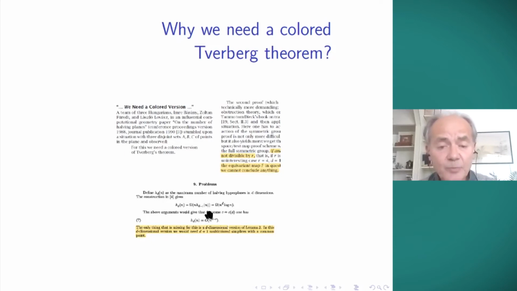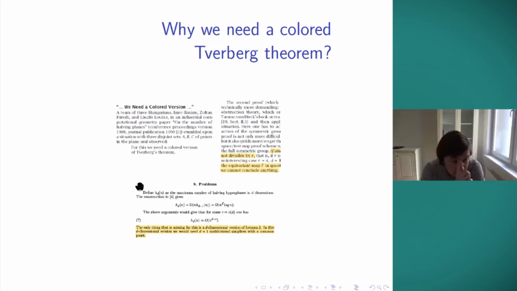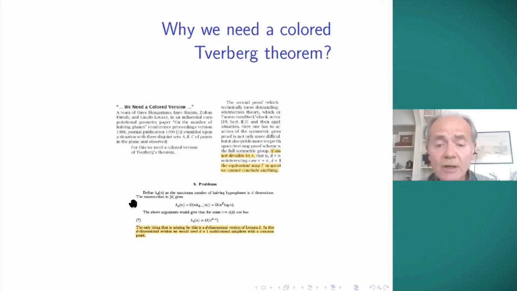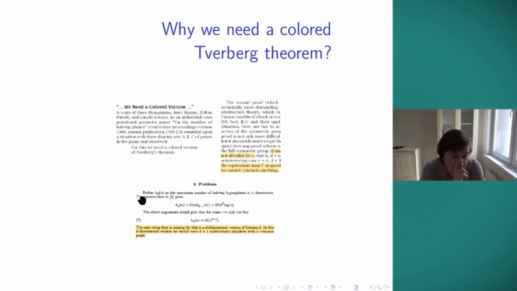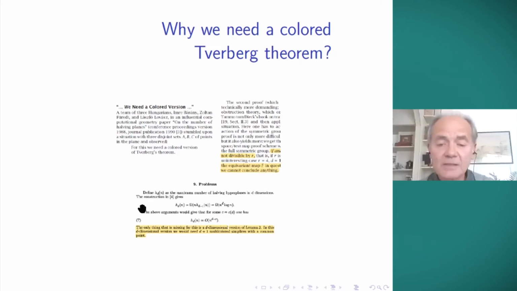This clip with problems is from the paper by Imre Bárány, Zoltán Füredi, and László Lovász, where they actually conjecture the existence of the Colored Tverberg theorem without giving any bound, anything except that such a phenomenon exists, more or less.